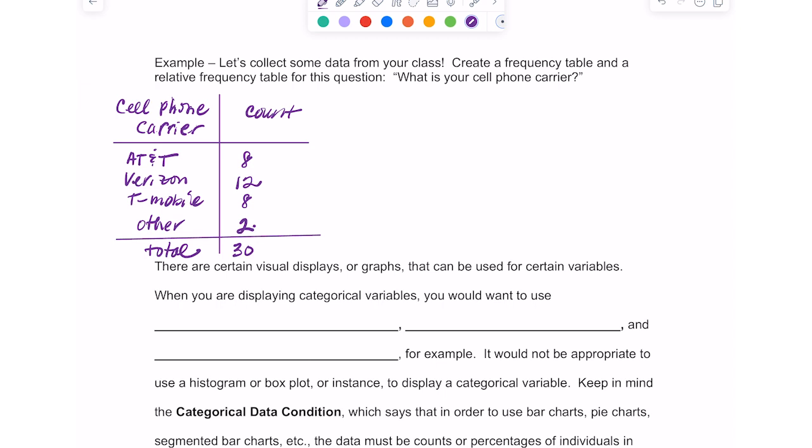Now, let's say I want to create a relative frequency table. So anytime you have a relative frequency table, you're just going to convert your counts to percentages. So that's really the only difference. So my left table is still going to be cell phone carrier, the left column, but the right column now is going to be percents.